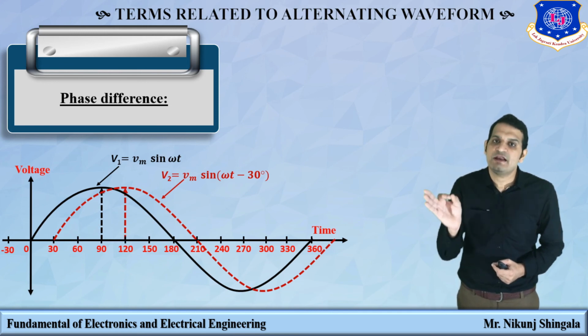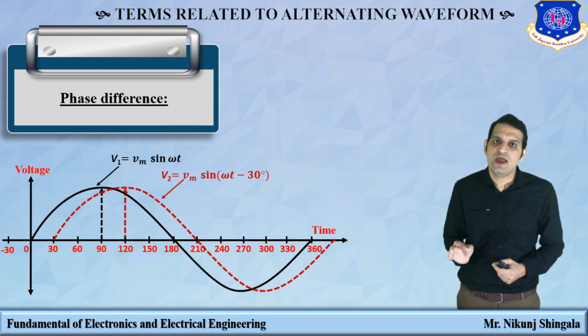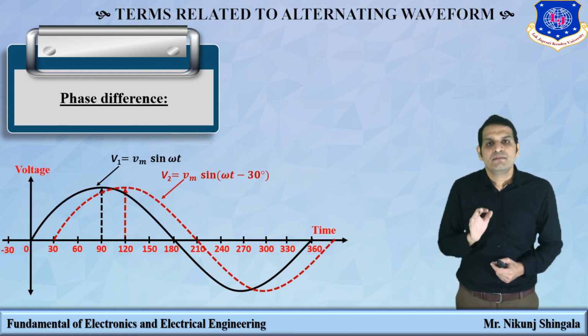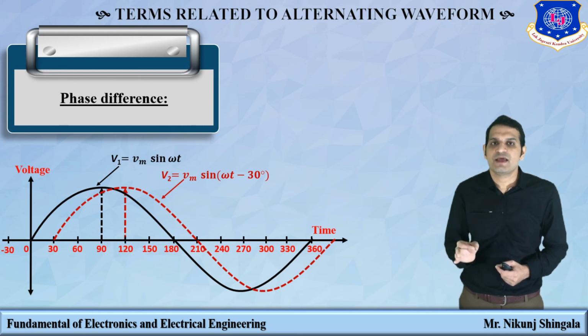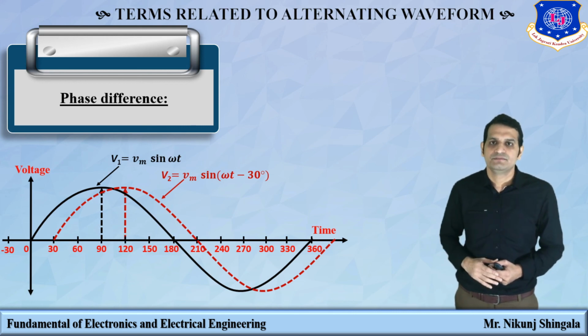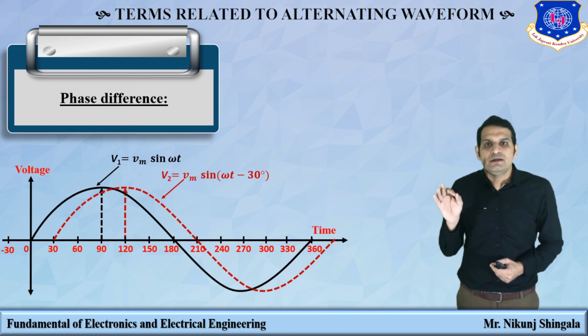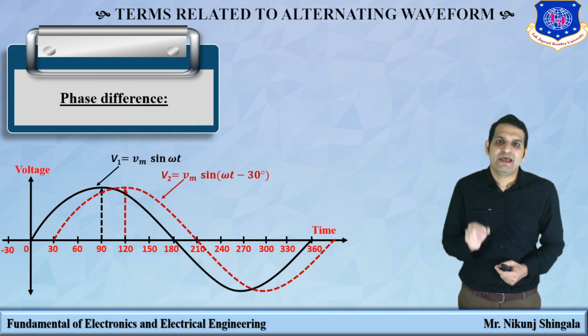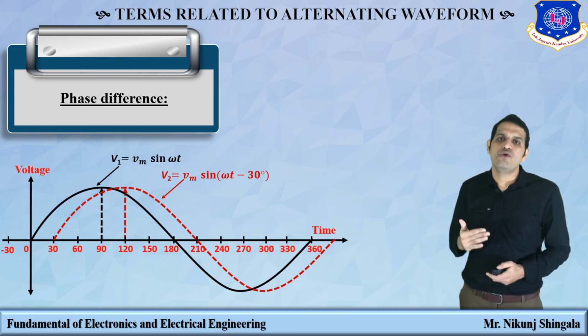Vm sin omega t is the reference signal. As compared to that, V2 is lagging by 30 degrees. For determination of the phase difference, you have to take either the minimum value or the maximum value, but after the origin, after the 0 point.